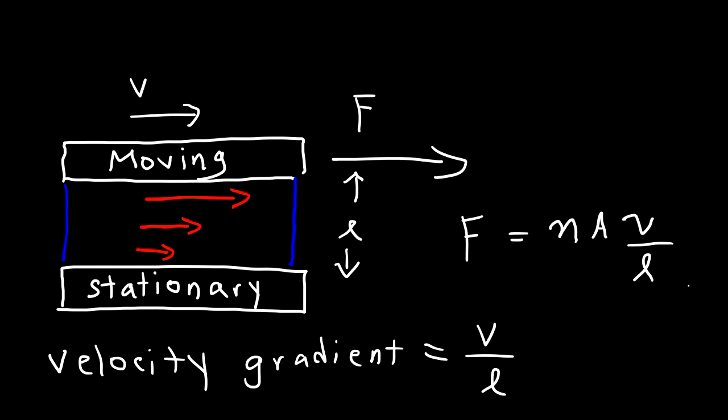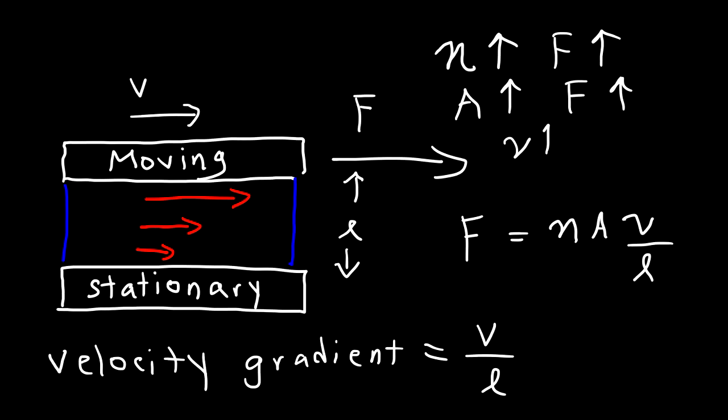So as we can see, the required force is proportional to the coefficient of viscosity. So as the viscosity of the fluid increases, it's going to require more force to keep the upper plate moving at constant speed. And if you increase the area, the required force will increase. In order to move the plate at a greater speed, you need to increase the force.